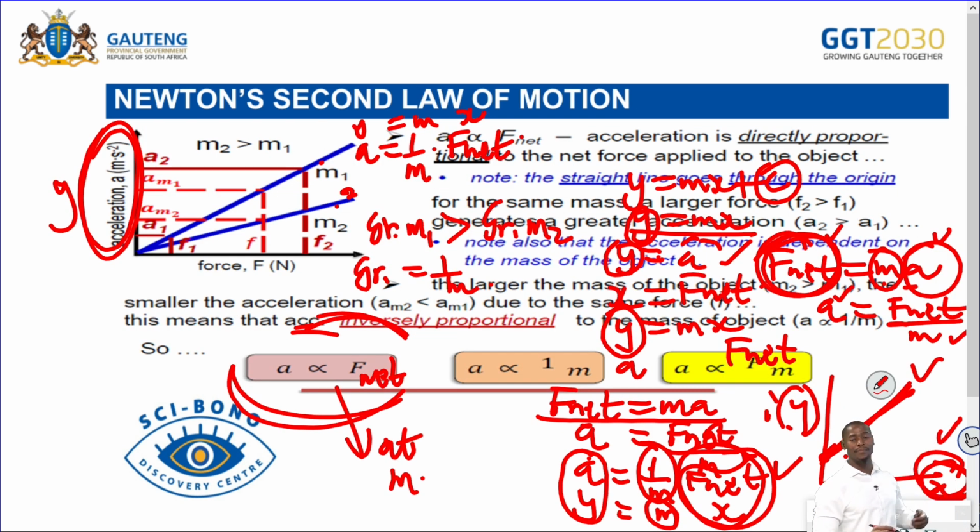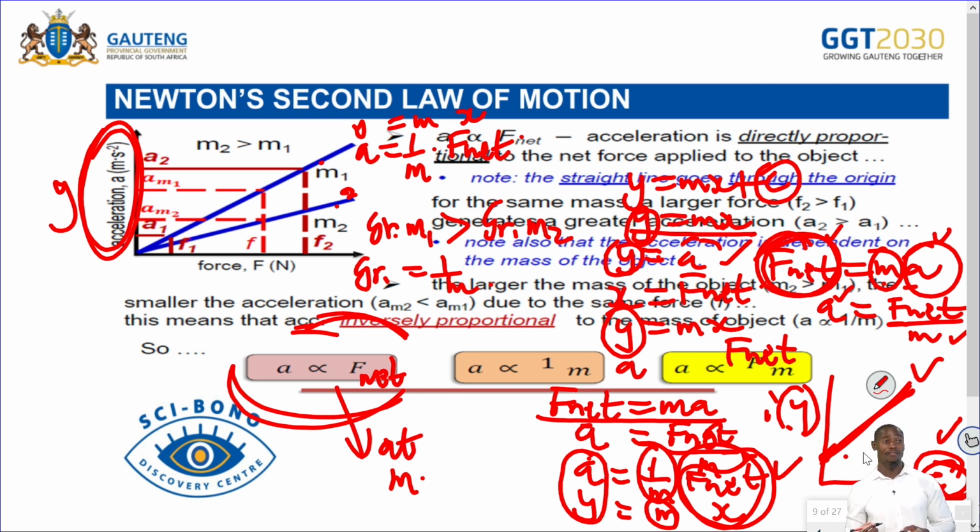So these are some of the questions that they can ask. Independent variable, dependent variable, give us the controlled, then talk about the relationship based on what you see on that graph. Then they also ask you about the physical quantity represented by the gradient of this graph. So the physical quantity represented by the gradient is the inverse of the mass, right?